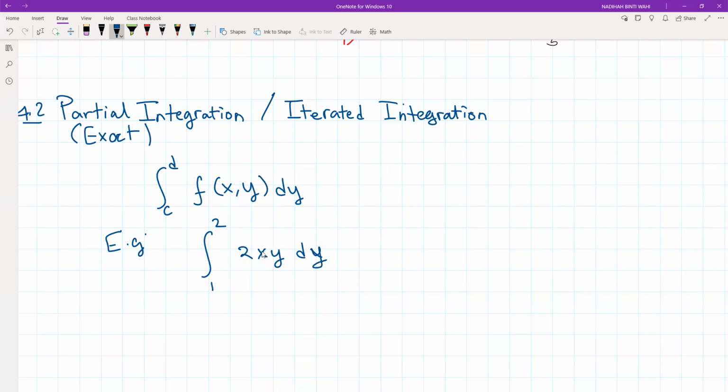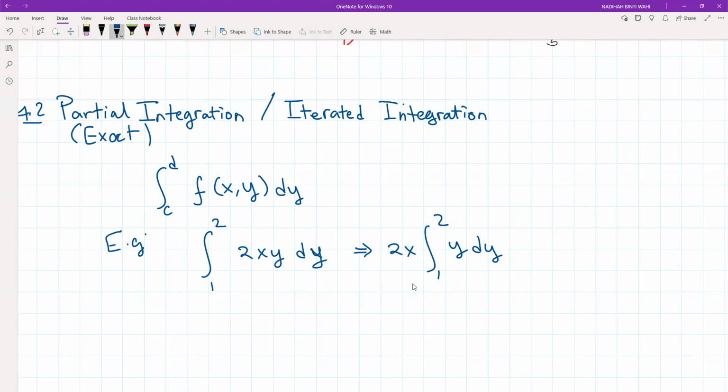Okay, maksudnya apa? X ni adalah constant and 2 is also a constant. So meaning that you can just take 2x, 1 to 2, and then y dy. So x is a constant, so boleh take out from the integration sebab you treat it as a constant.